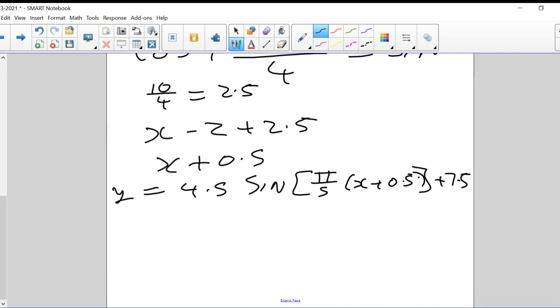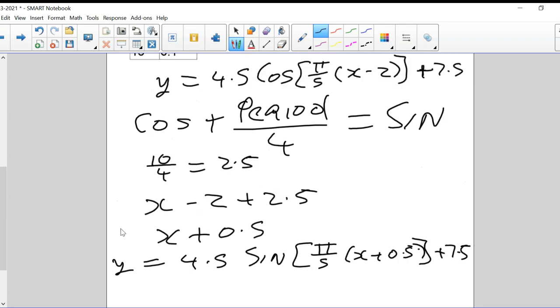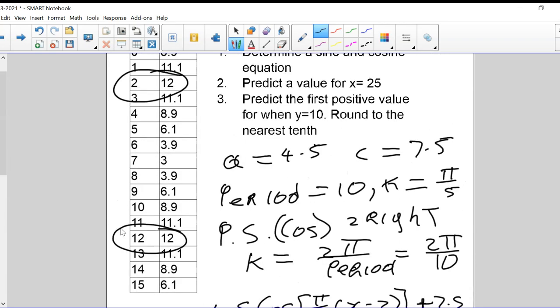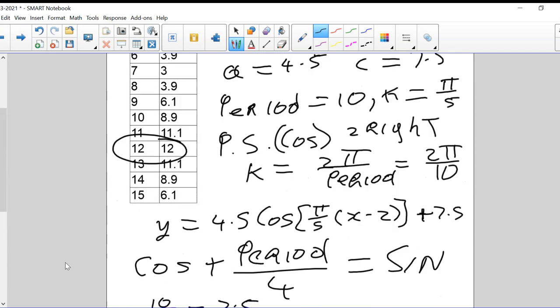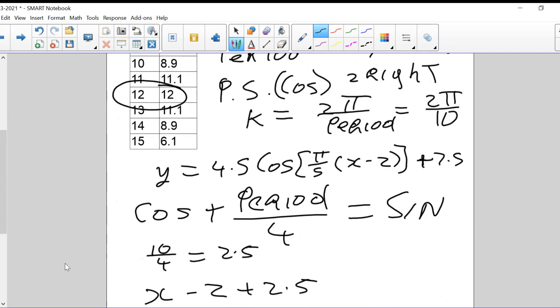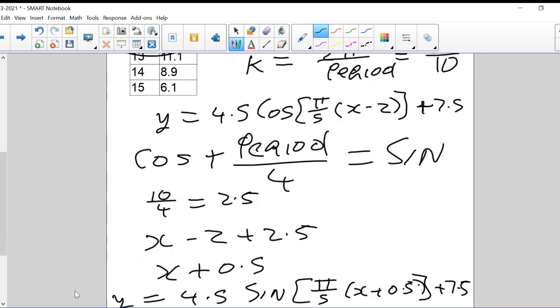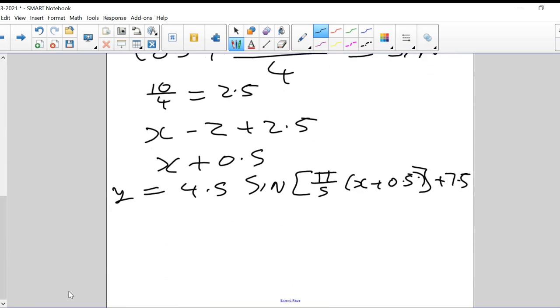Are we supposed to estimate? Well, it says predict a value for x equals 25. You could say that you're estimating, but I think that we have a more accurate tool for doing that, and that's this equation. So I'm going to use the equation when x is 25.